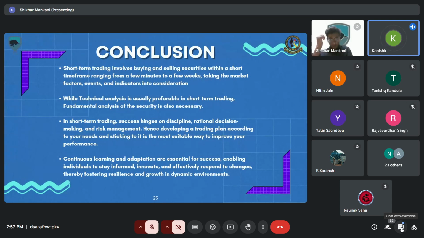Now the second one: while technical analysis is usually preferred in short-term trading, fundamental analysis of a security is also necessary. So why is it necessary? Suppose you buy a stock for holding it for a month, your trading plan ranges for a month, and the market goes south, and your stock goes down 5 to 10% and your position is blown off.